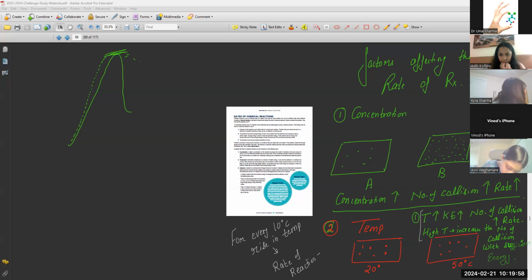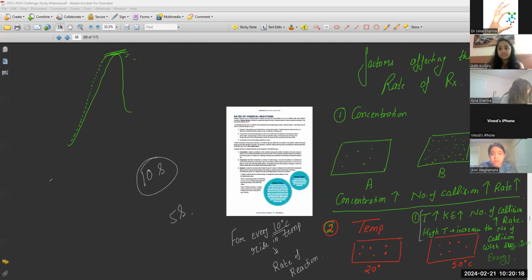Double means the same reaction will take place in half of the time. Like if some reaction is taking 10 seconds, then if you raise the temperature by 10 degrees Celsius, the same reaction will take only 5 seconds. You're understanding this?